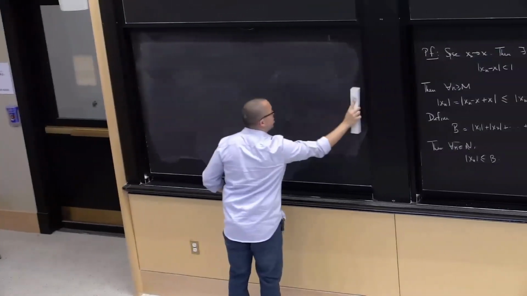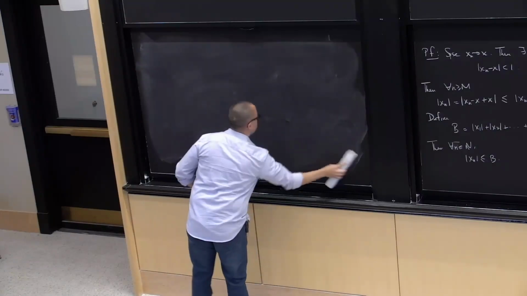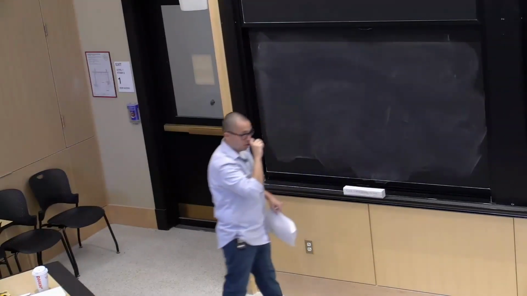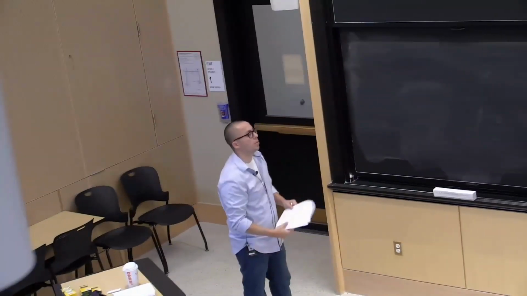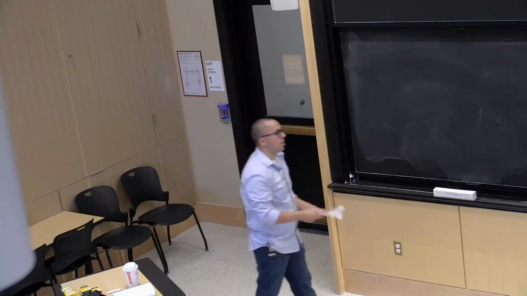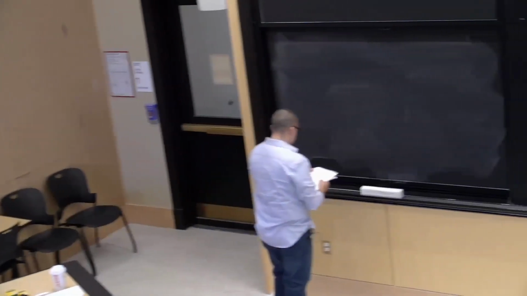Typically there's some concrete reason we do things. There's some concrete sequence we're trying to prove converges or has a certain property or doesn't have a certain property.